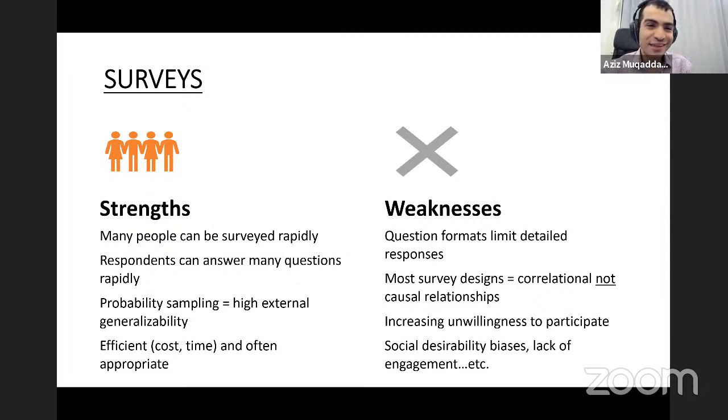In most cases, if the survey is not short enough, or if it's not required, most people just ignore it, right? As we have a live example of that. The response rate to surveys is generally low, for obvious reasons. We also have social desirability and lack of engagement, related to the idea that people hate filling out surveys.